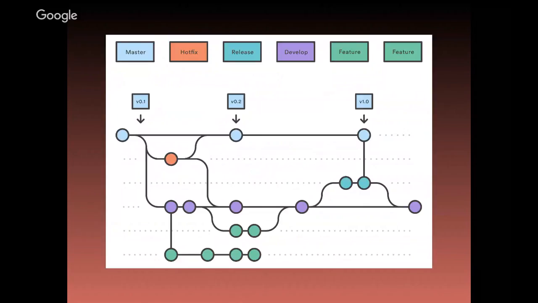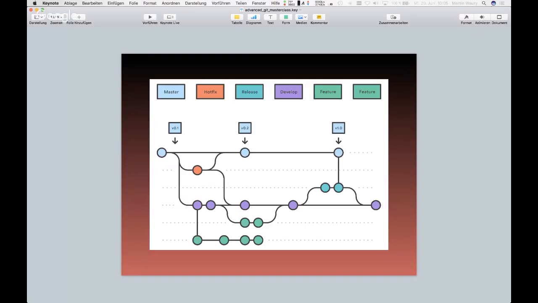Use the develop branch for your actual development. And after you say, okay, I want to release to a store or to a server, merge the stuff into your master branch.